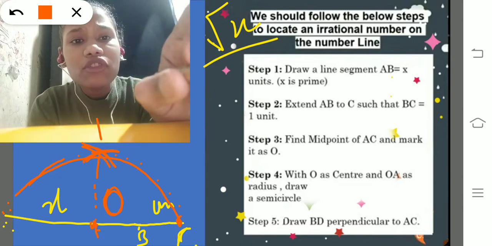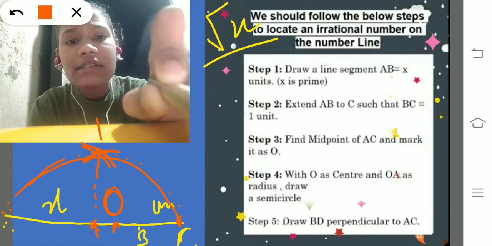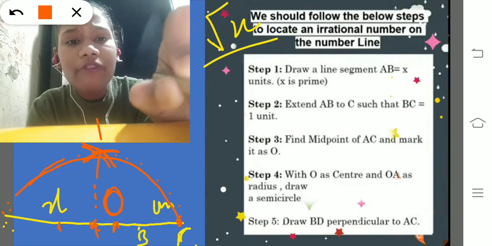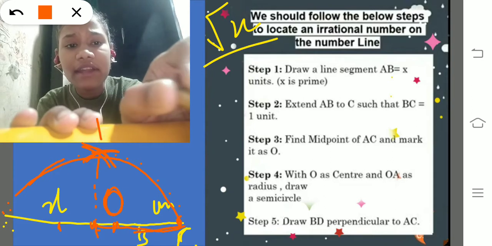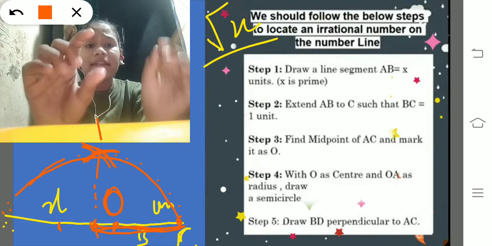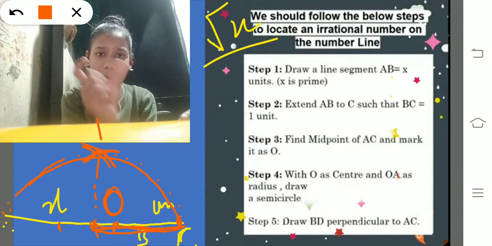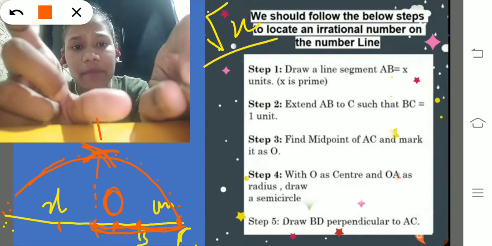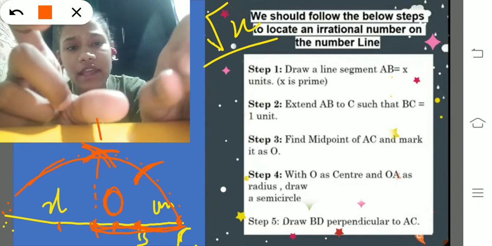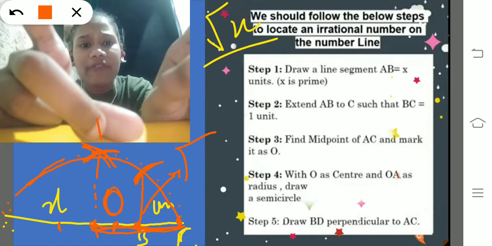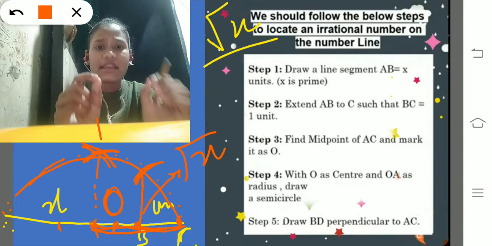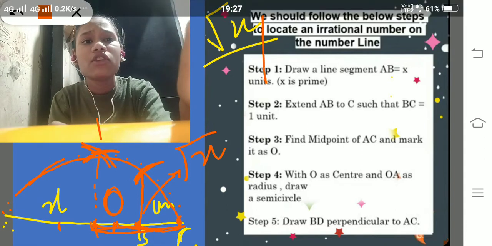Now take the measure of this point to this point, put your compass point on point B, and draw an arc over here, and then this will refer to root X.